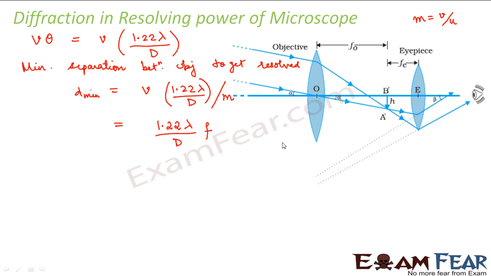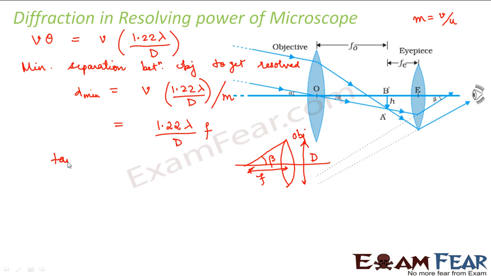So now let us suppose this is my objective, and this objective makes an angle beta at its focus. And what is this? This is the diameter.